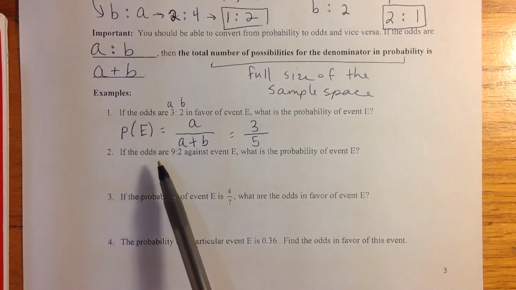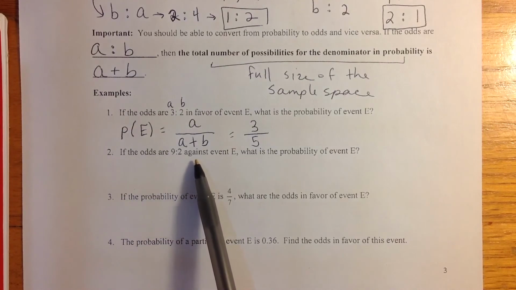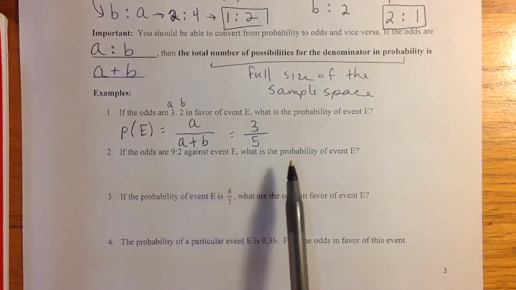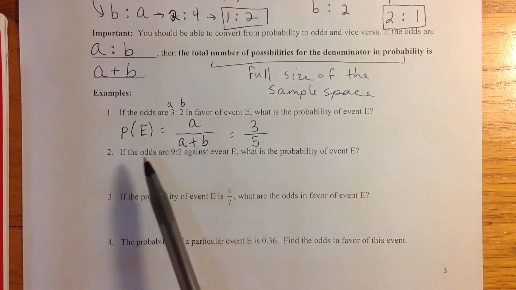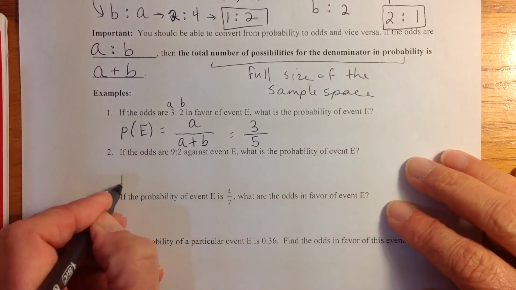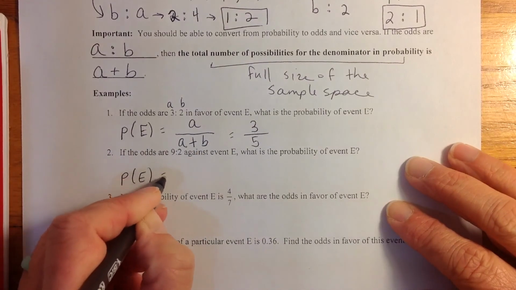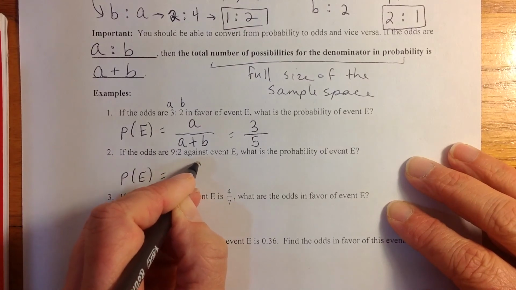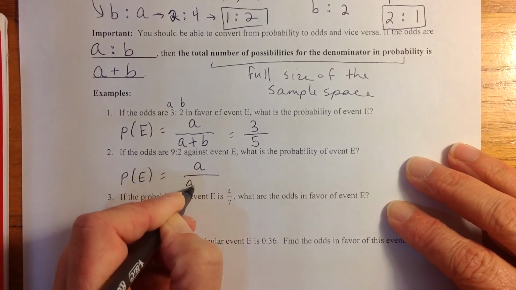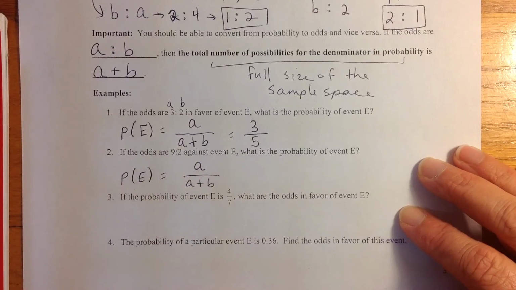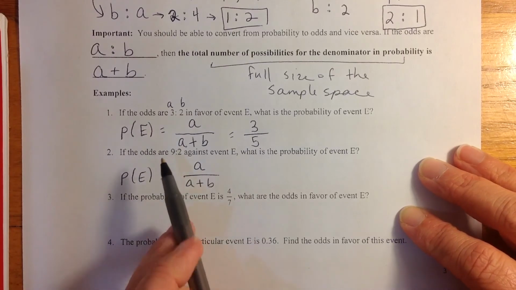Now let's say the odds are 9 to 2 against event E. What is the probability of event E? Well, we still find it this same way. We always find the probability of an event by looking at what we want over every possible way it plays out. But now we need to be careful.